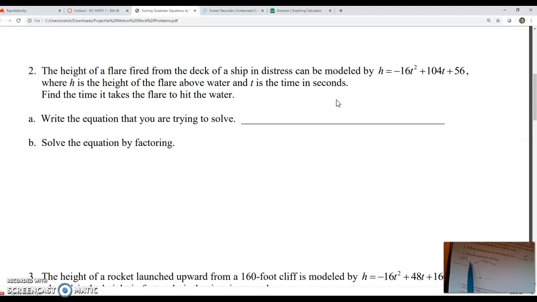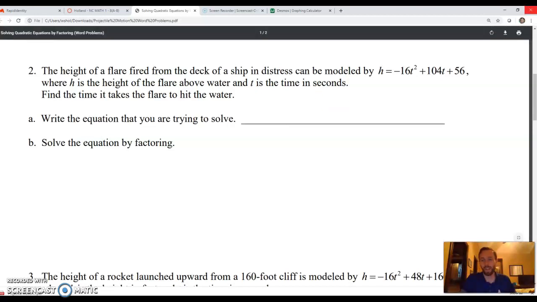It's going up, and then it's coming down and hitting the water. So we're trying to calculate this point on the parabola. When it's on the deck, that represents the y-intercept, and we know that's 56 feet by looking at the y-intercept. So this plus 56 represents the y-intercept.